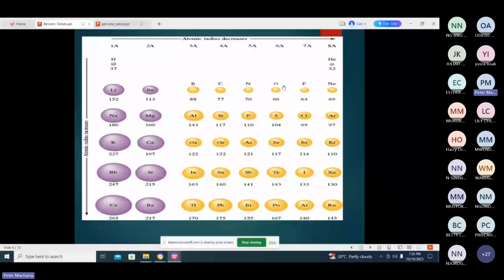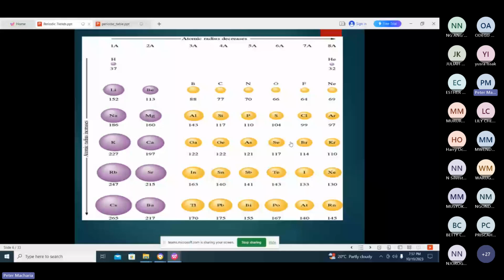But as you move down the group, even in group 7, the atomic radius increases and electronegativity decreases, isn't it? The ability to attract electrons from outside the nucleus. Are we together? Yes. So basically, down the group, electropositivity increases.